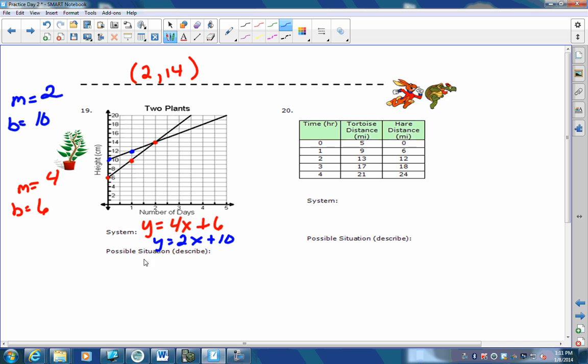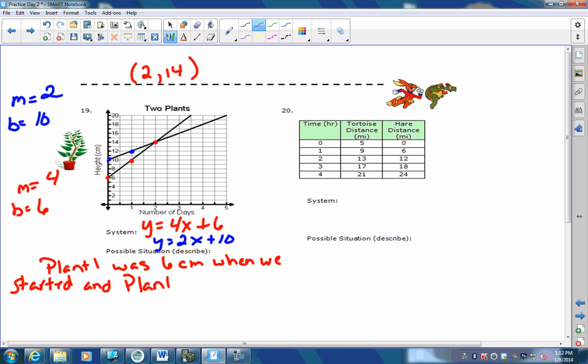So when it says a possible situation, they want you to come up with a story that matches this. For example, you could say that we were growing two plants and trying to see when they would be at the same height. And I would say that plant 1 was 6 centimeters when we started, and plant 2 was 10 centimeters.